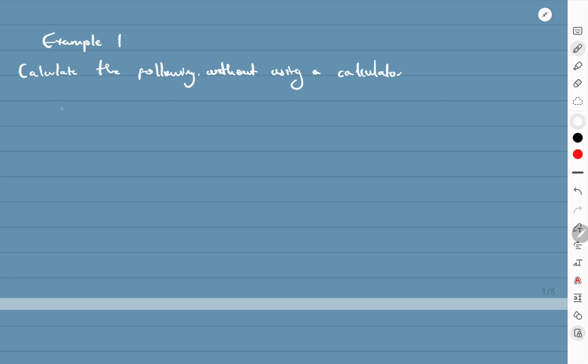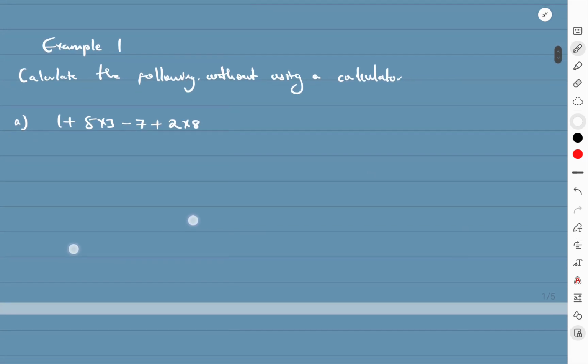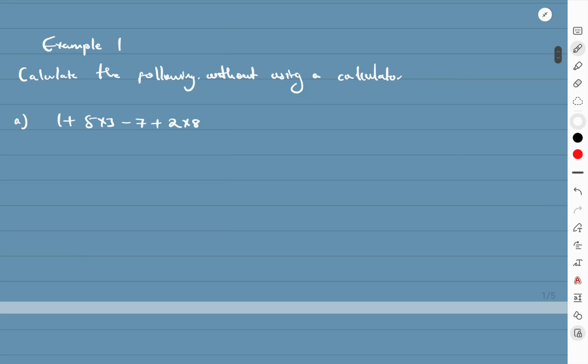Right, so the first one we have a. With a we have 1 plus 5 times 3 minus 7 plus 2 times 8. Right, now this is what we are given. We are required to find the sum for this particular question.